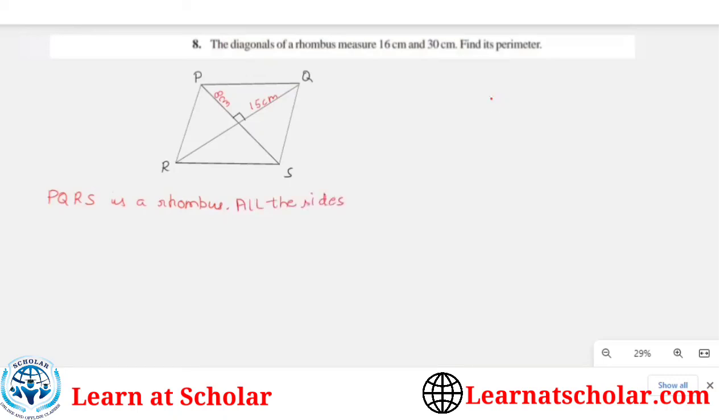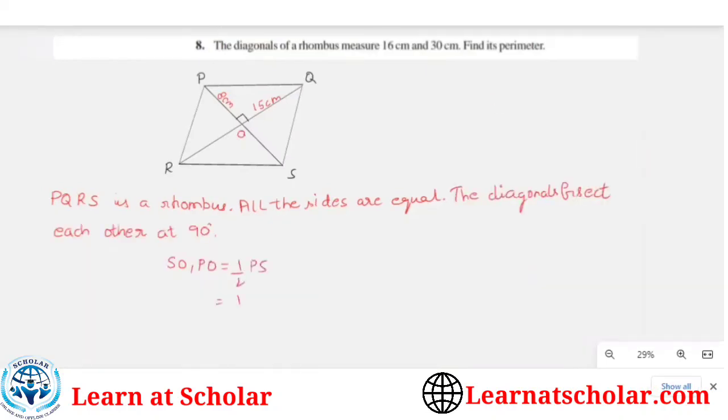PQRS is a rhombus, all the sides are equal and the diagonals bisect each other. Bisect means dividing into 2 equal halves.